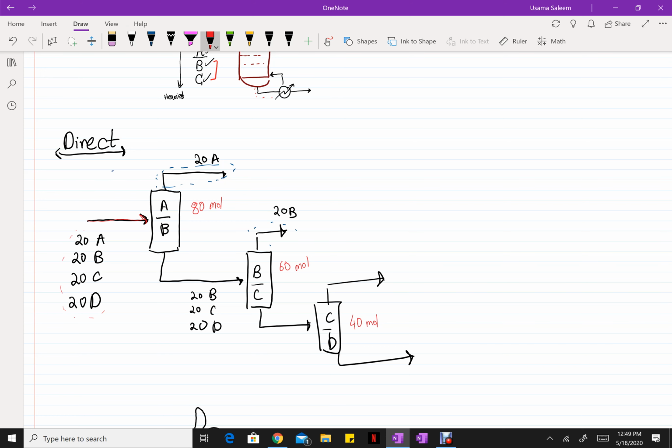So one of the drawbacks of a direct sequence is that each column is going to have a really high fluid load that it needs to process. On top of that, let's say something goes wrong at the bottom of the first distillation column, will the second distillation column be operational?